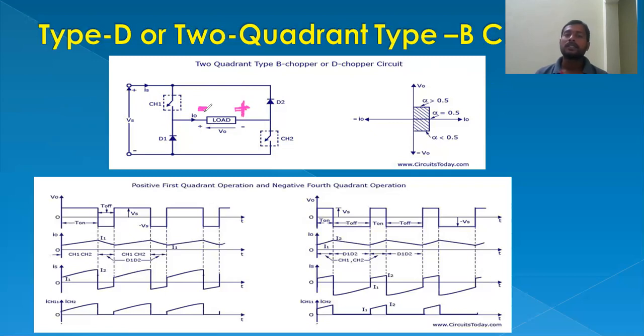This chopper is turned off, and this chopper is also turned off, so there is no current flow in this path. Supply cannot flow in this path, and also this is reverse biased, so supply is not available in this path.